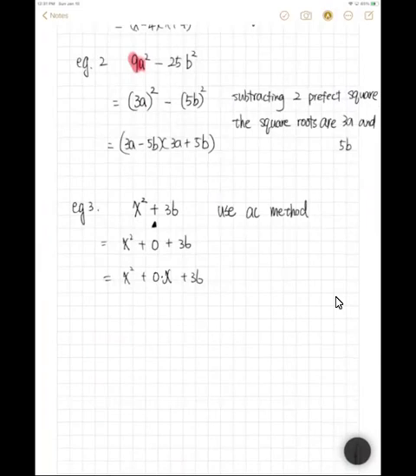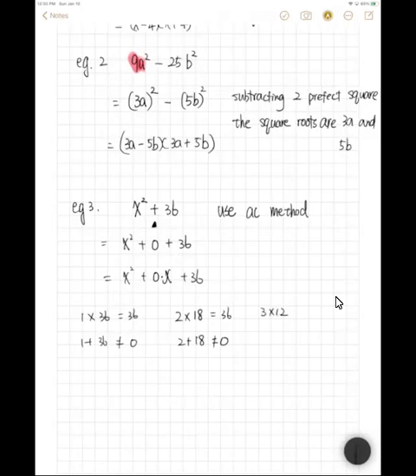AC method requires us what? 2 numbers that multiply together to get 36, and 2 numbers that add together to get 0. So we have 1 times 36 equals 36, but 1 plus 36 is not equal to 0. So that means this doesn't work. Another way is 2 numbers that multiply together to equal 36, but if these two add together, it's not equal to 0 because these two add to 20.